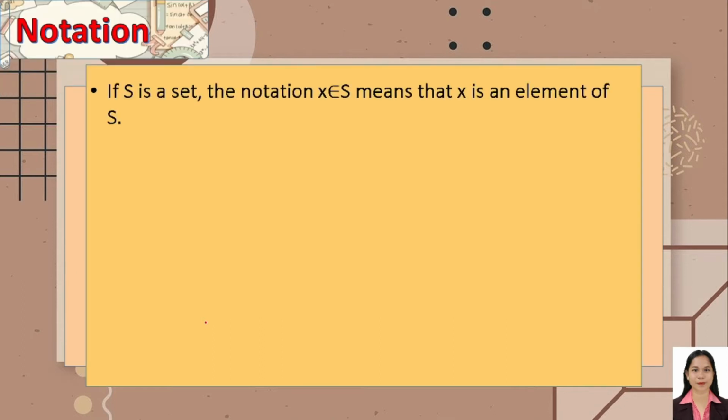So, notation: if S is a set, the notation x is an element of S means that x is an element of S. How do we read this notation?